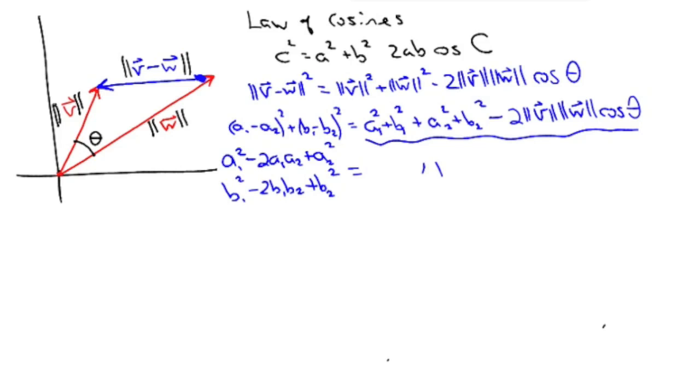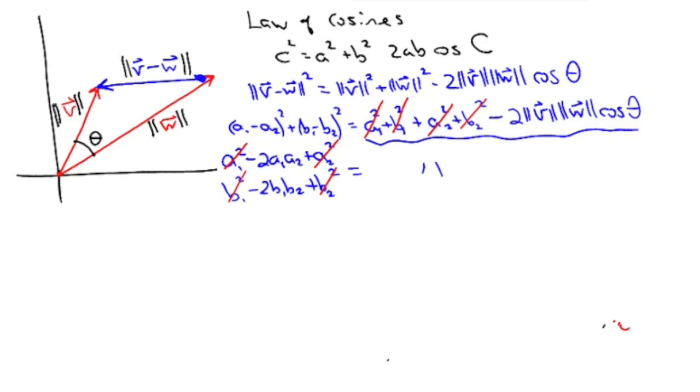Now, if you look on the left-hand side, there's an A1 squared and a B1 squared. If you look on the right-hand side, there's an A1 squared and a B1 squared. What happens to them? Cancel. They cancel rather nicely. What about the A2 squared and the B2 squared? They cancel rather nicely too, so they're gone.